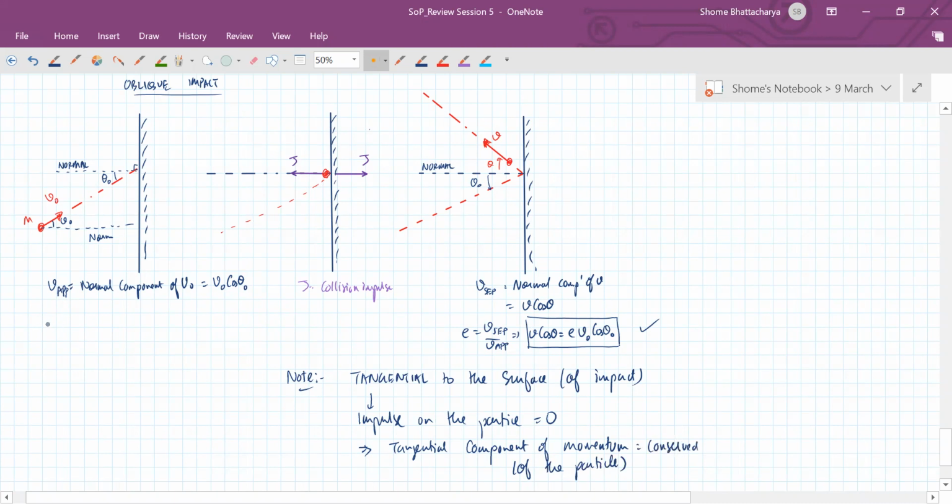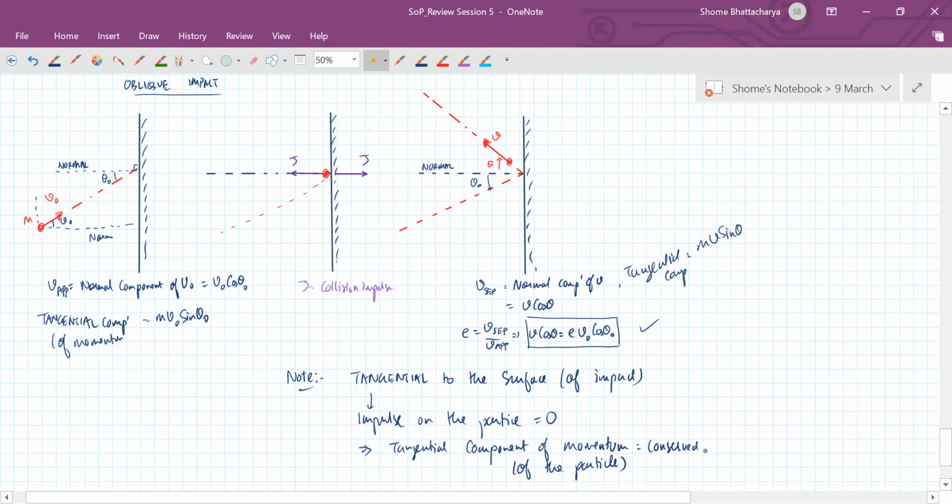The tangential component of momentum, the one parallel to the wall, is m v naught sine theta naught, and after the impact the tangential component is m v sine theta.